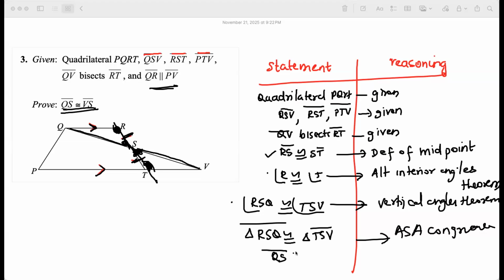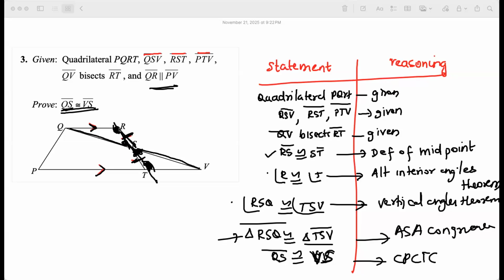Then line QS and SV are congruent because of CPCTC. Just don't mismatch QS, the same order. Always it's better, right? Because are we writing it correctly? I don't know whether we wrote it correctly. Let's see. RSQ is congruent to TSV. That is correct. Usually I check.